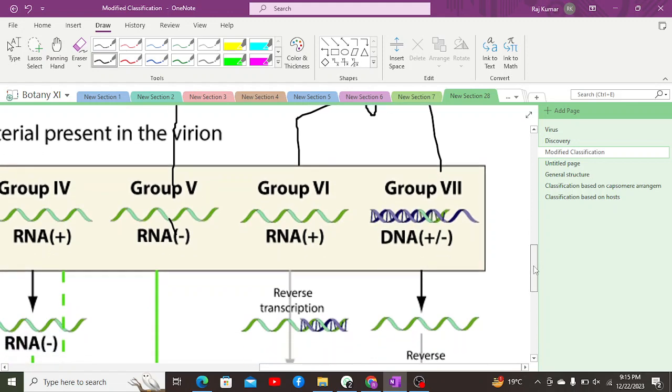The second class is DNA viruses with RNA intermediate.